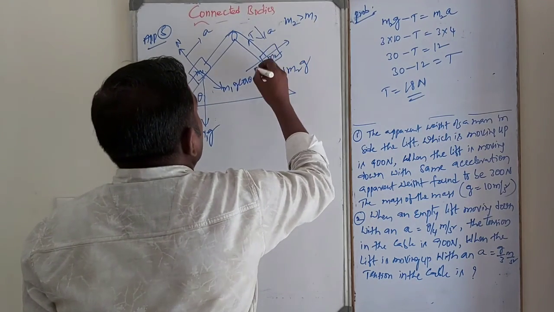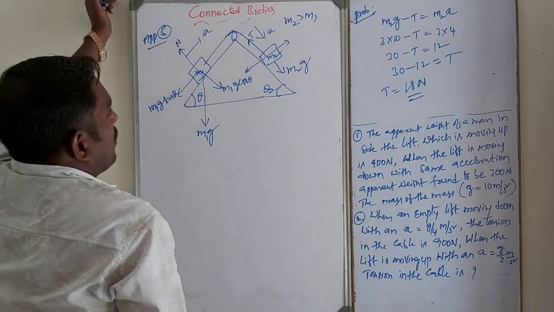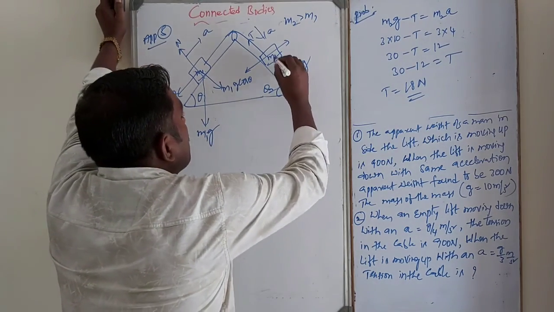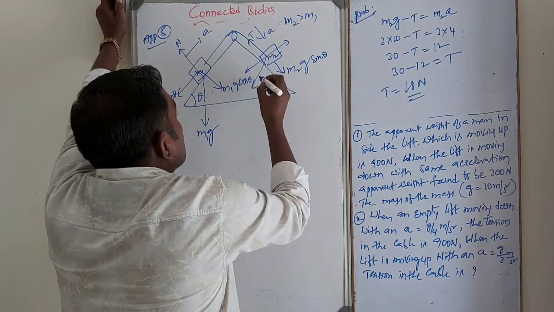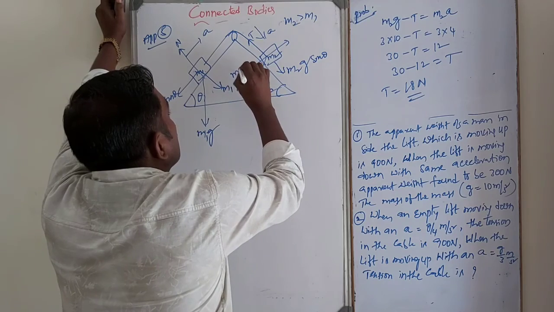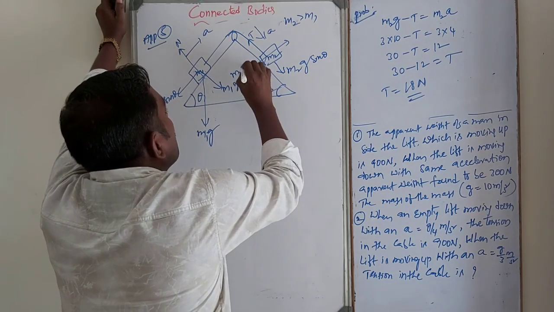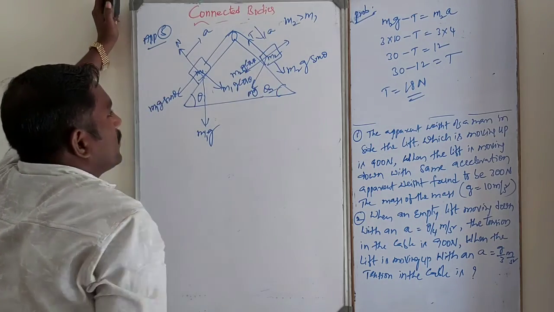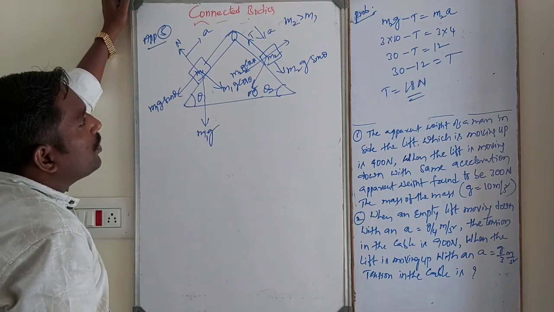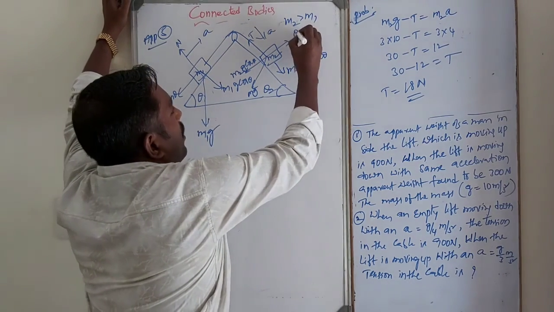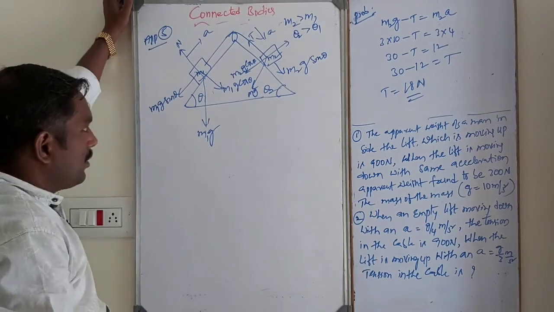Similarly, this is m2g sin theta, and this is m2g cos theta. So which one is more? m2 is more, and theta is also high. I will take theta 2 greater than theta 1, suppose.